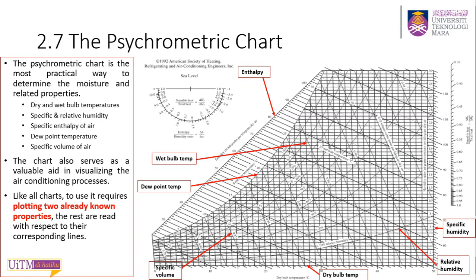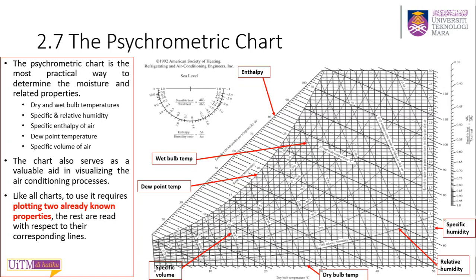On the right of the screen right now is the psychrometric chart. There are 7 locations where we can read the properties. We have the x-axis, which is the dry bulb temperature, and then the y-axis, which is the specific humidity. For specific humidity, the values are 2, 4, 6, 8 up until 30. The units for these values are in grams.